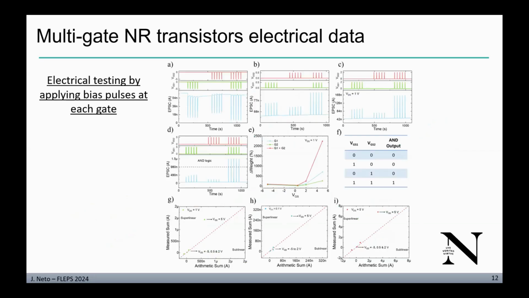The important thing is how you would then interpret it. If you look at this response, this is gate voltage, this is VGS1, this is VGS2. You are applying at one gate, and this is the response of the device. You are applying at the first one, and then the second one, and you get a response from each. But when you apply both simultaneously, you get a much higher response than both individual gates, which we interpret as summation taking place within the device.